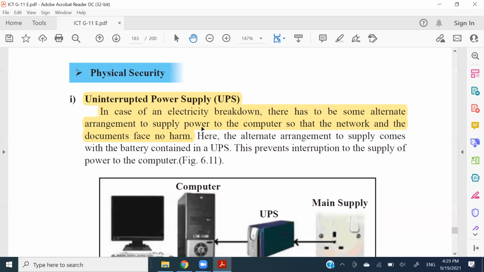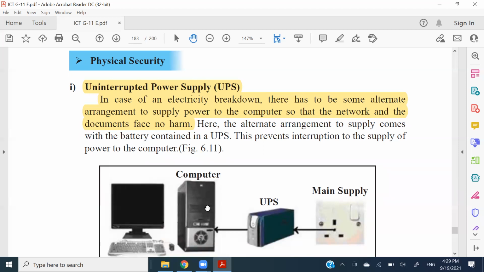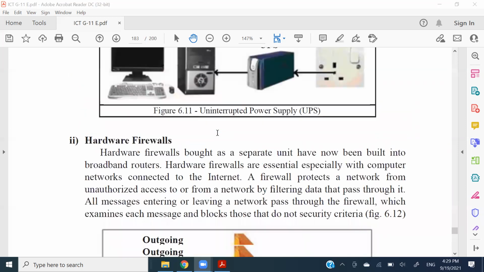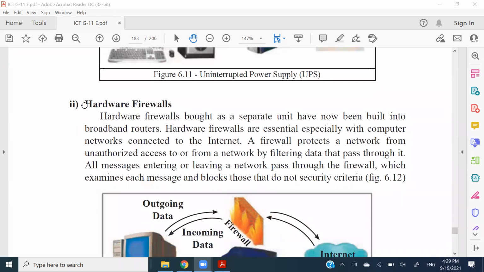Are we done? Okay. So moving forward, hardware firewalls.